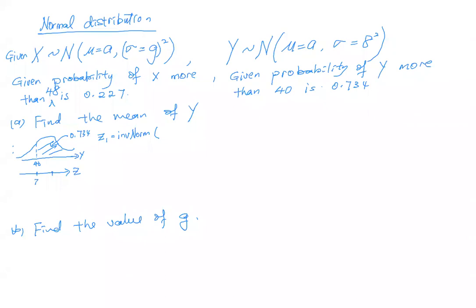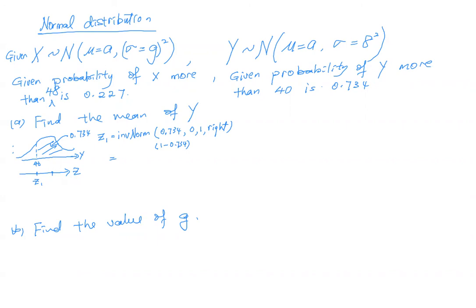So this is my Z1. Z1 is inverse norm 0.734, comma, 0, comma, 1, and right. Depending on your calculator, if your calculator doesn't have the right or left tail, then you have to use 1 minus 0.734.